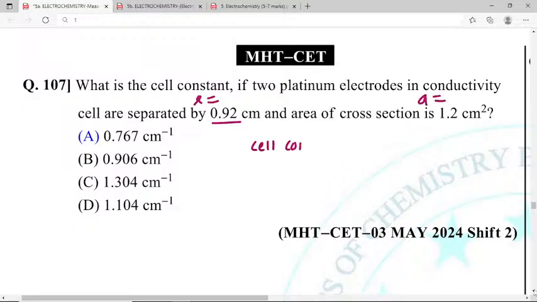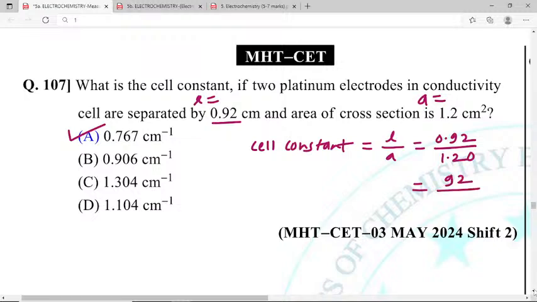So cell constant is equal to length divided by area, 0.92 divided by 1.2. Solve it: the number is 92 divided by 120. The answer should be 0 point something, not 1 point something. It is 0.767.